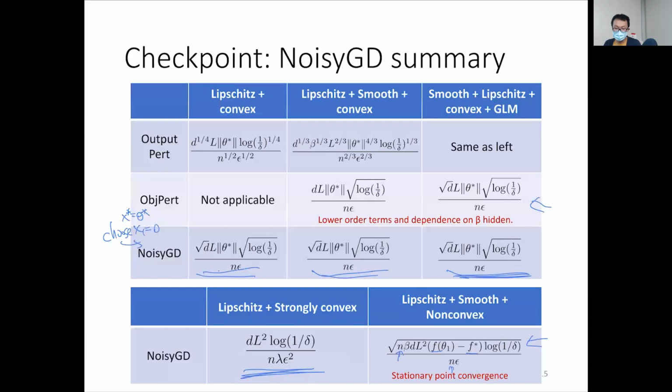All these generalizations are obtained without doing anything beyond just choosing the learning rate differently.